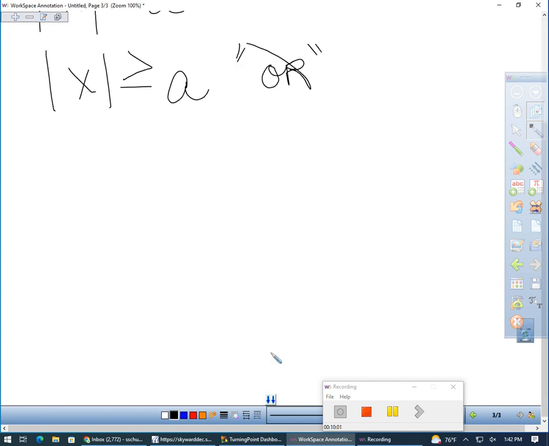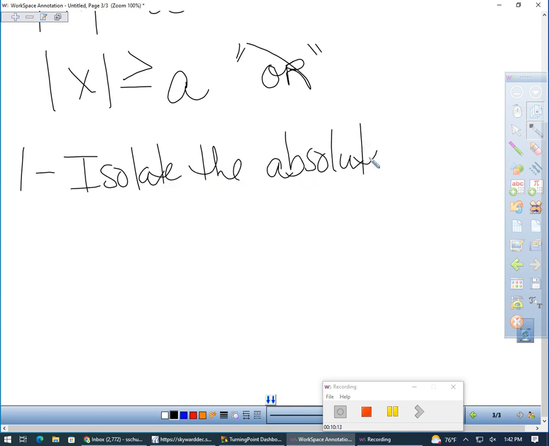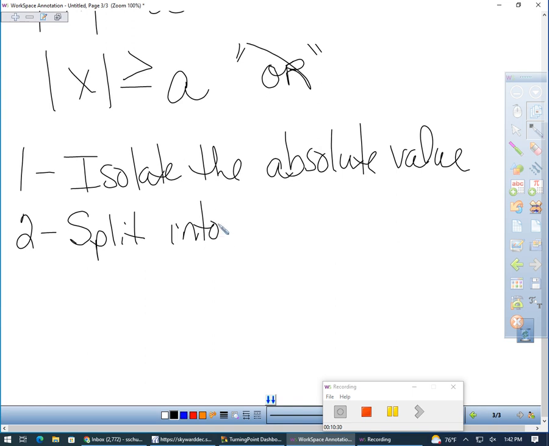Here are the steps when there are inequalities. Step number 1, isolate the absolute value. Step number 2, once you have the absolute value isolated, we're going to split it into 2 separate inequalities.